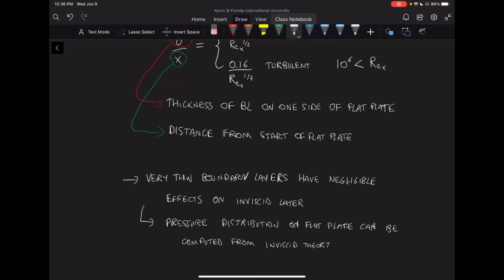So we do not need to use viscous theory if we have a very thin boundary layer around a flat plate.